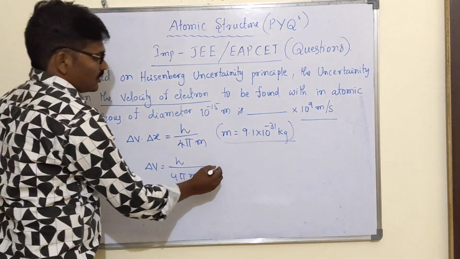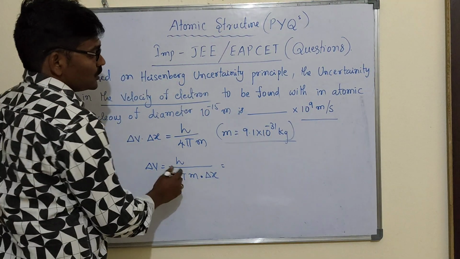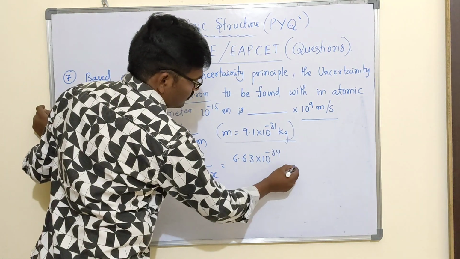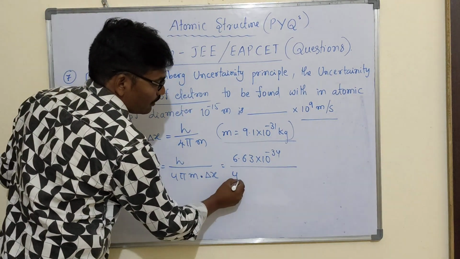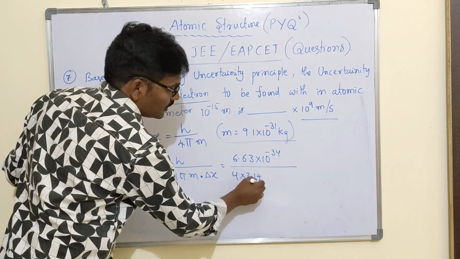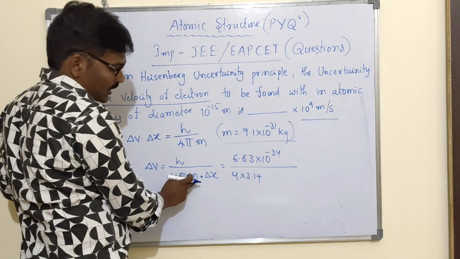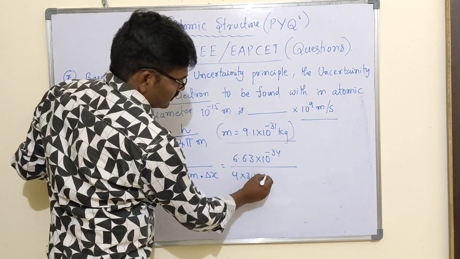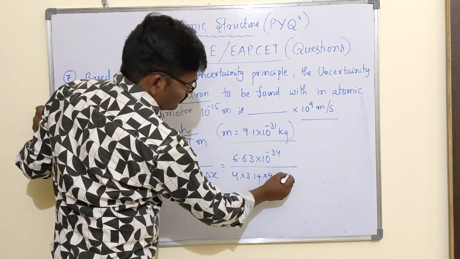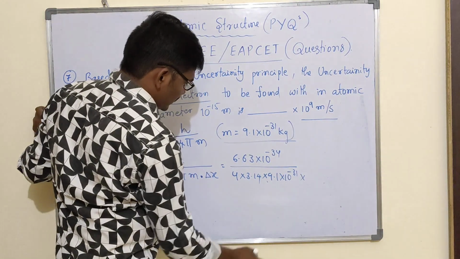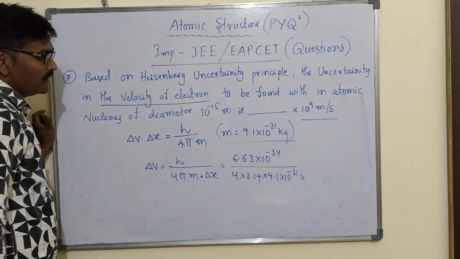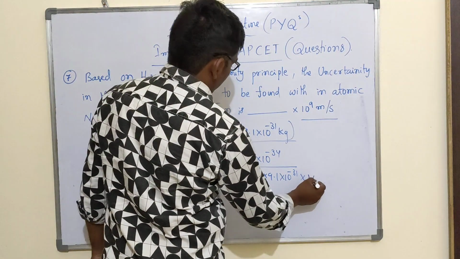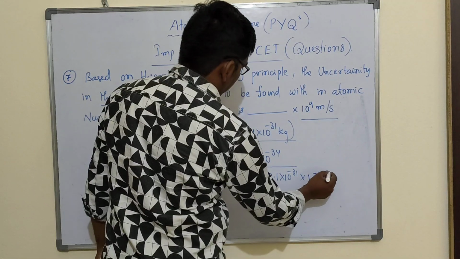Now substitute all the values. h is 6.63 into 10 to the power of minus 34, then 4, then pi, the constant value 3.14. The mass of the electron is 9.1 into 10 to the power of minus 31, into delta x, the position, 10 to the power of minus 15.